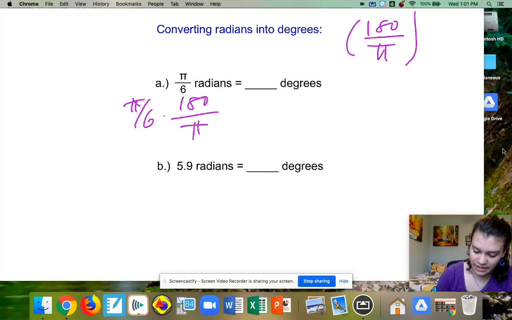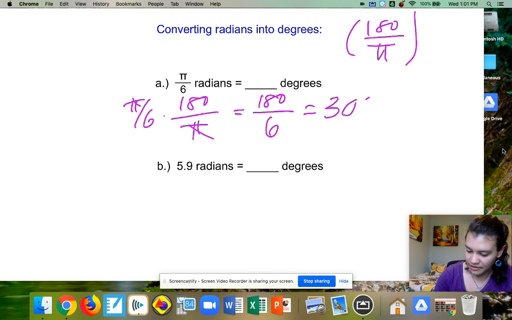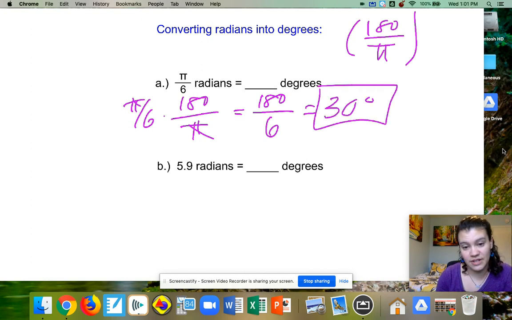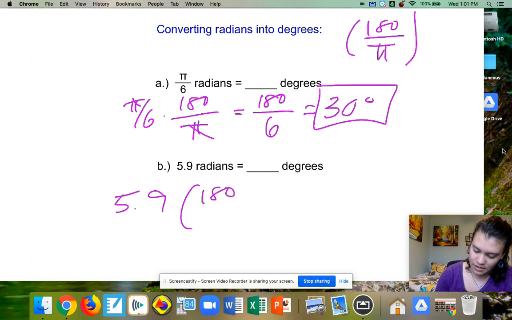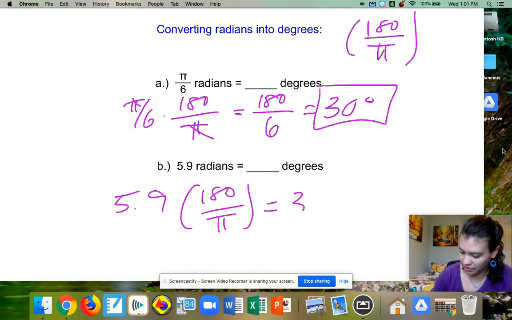Here the pi's are going to cancel, so you end up with 180 over 6, which will then simplify to 30 degrees. Try this next one on your own and then check with me. You take 5.9 times 180 over pi, put this all into a calculator, and you should get 338.05 degrees.